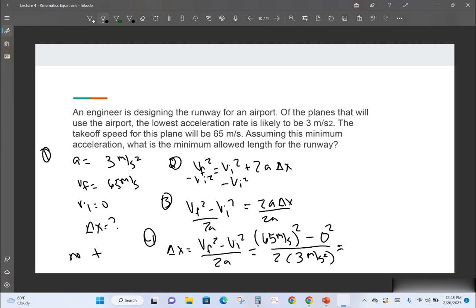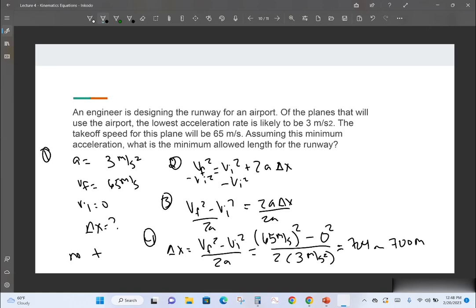On your homework, though, I want everything rounded to 3 sig digs no matter what. But we'll just practice doing our sig digs here. 65 squared divided by the quantity, parentheses, 2 times 3 equals 704. 704 rounds to 700 meters.